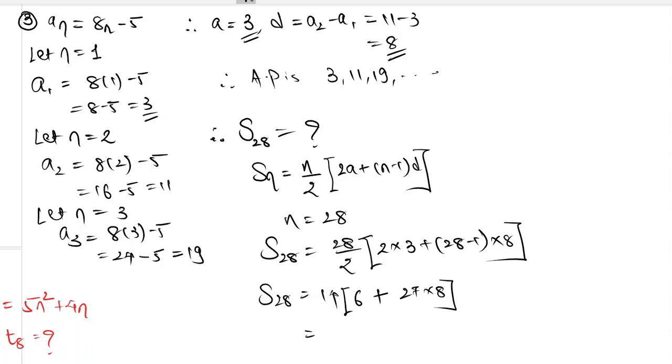So first I'm going to find 27 eights. 27 eights is 216, plus 6, 222, multiplied by 14, 3108. That should be the answer. If you check your answer, you should get 3108. That's the sum of 28 terms of an AP.